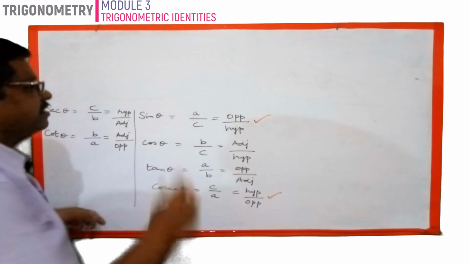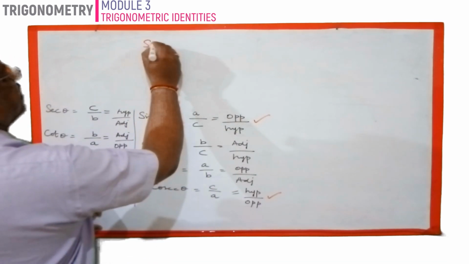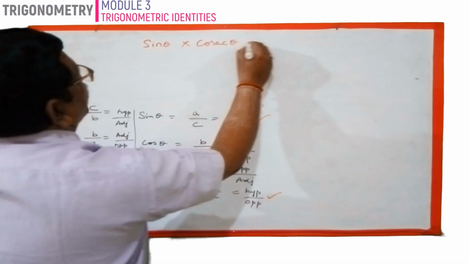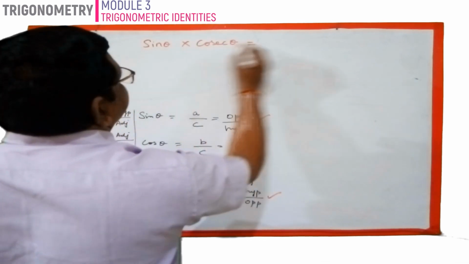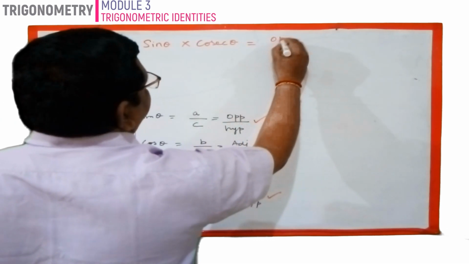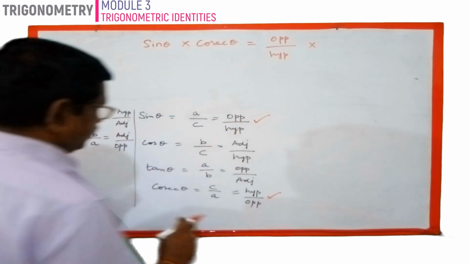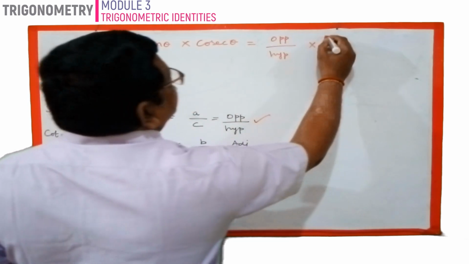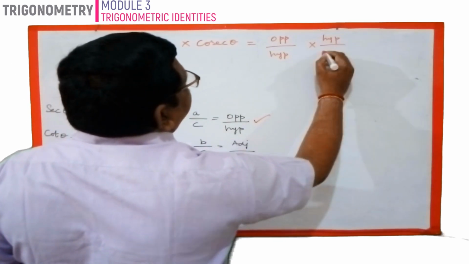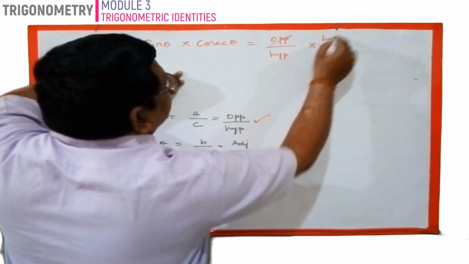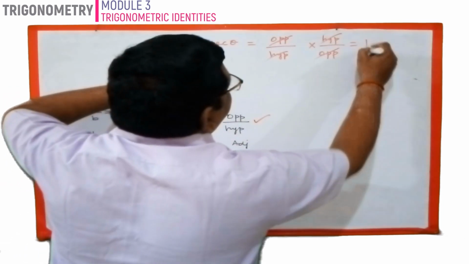What is the relation? Sin theta and cosecant theta, if you multiply, what may happen? Sin theta is opposite side by hypotenuse into cosecant theta, which is hypotenuse by opposite side. Here opposite cancels, hypotenuse cancels, you will get 1.